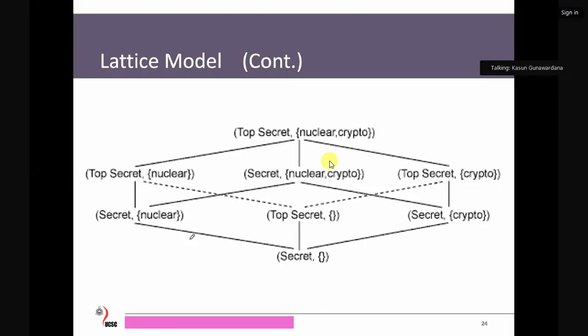Based on these resources, it shows all the different labels that we can create. The top secret layer is the upper layer and the secret layer is the lower layer.